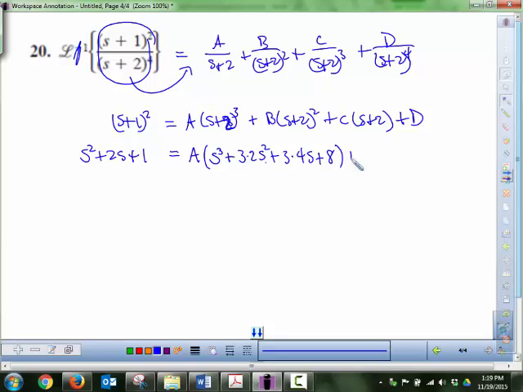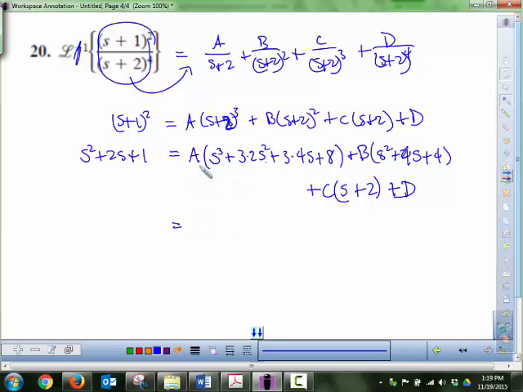All right, the B is going to be s squared plus 2 plus 2, 4, plus 4s plus 4, and then I have C times s plus 2. Now let's distribute later, plus D.